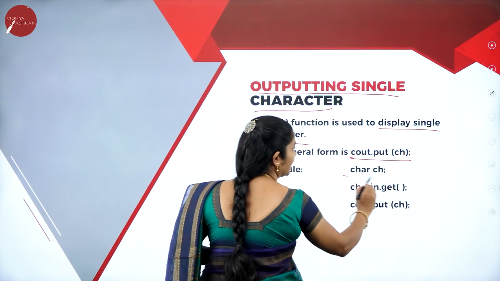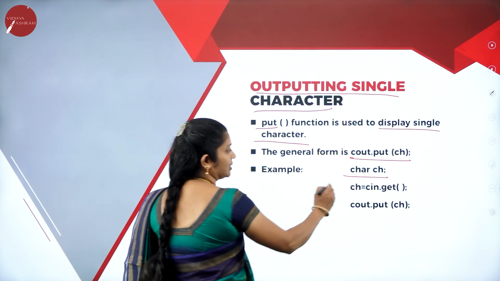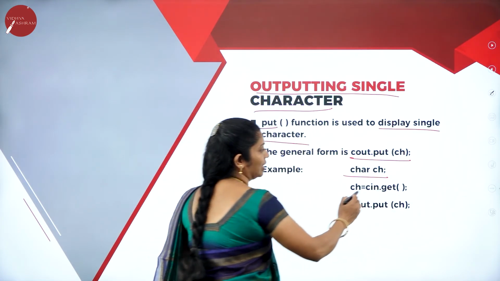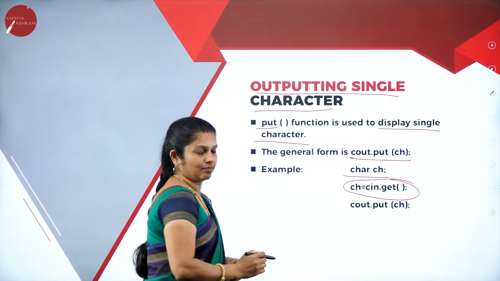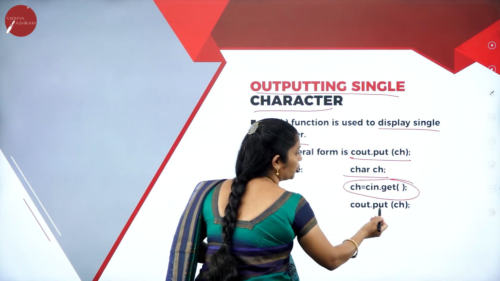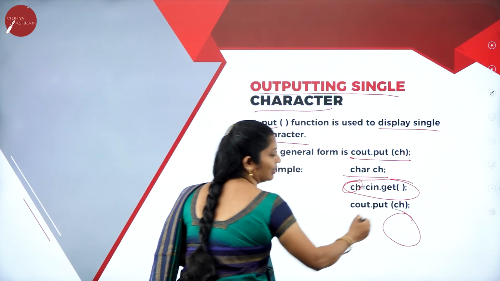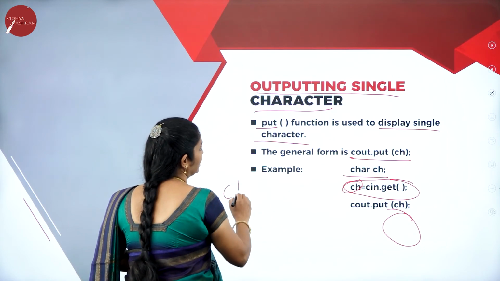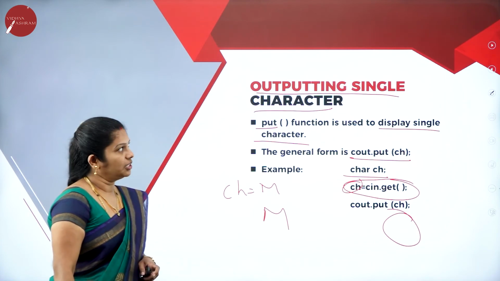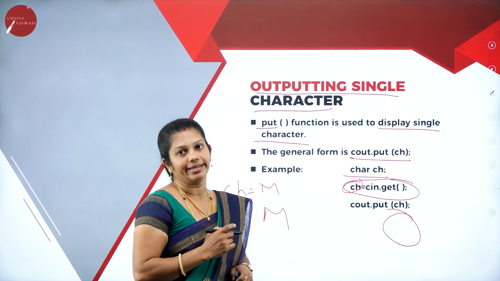For example, we declare the variable ch of type character, then ch = cin.get(), meaning we input a single character, and ch contains that character. Then cout.put(ch) prints whatever character we input. For example, if I give m for ch, it just prints m. That means by using the put function we can print a single character.